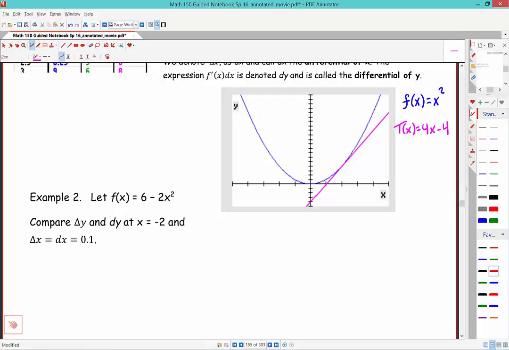If we take a look at some actual values here, at this tangent line, right at this ordered pair where they're equal to each other, right here, the ordered pair 2, 4.